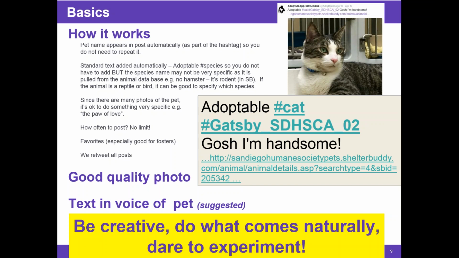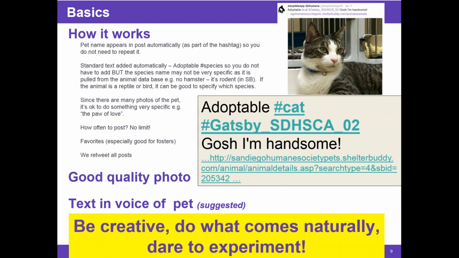If you follow that hashtag, you get every post that has that hashtag in it. One of the benefits of that is that you don't actually have to use the animal's name in your storytelling, because it's already going to be included. In fact, we find most of the time that it works best to post in the pet's voice.